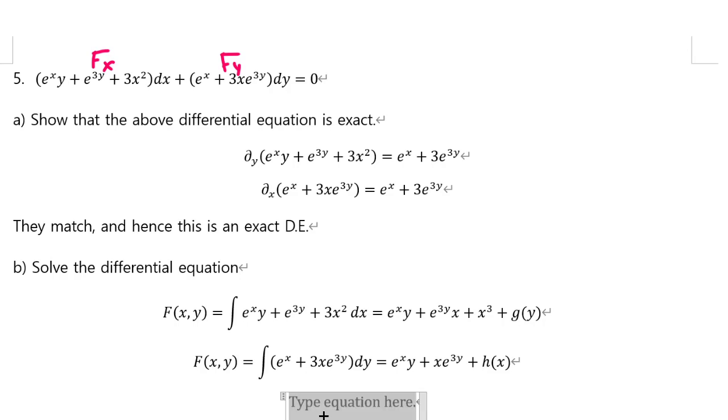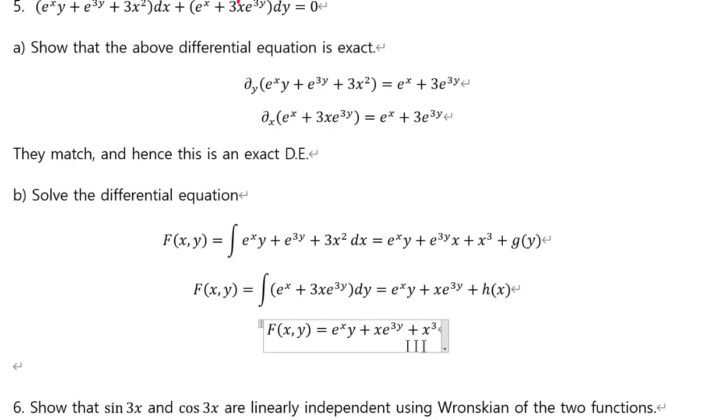And we see that if f of x comma y is this thing, and if h(x) is this x cubed, and g of y is 0, then everything works out. So I can kind of see that g of y being 0 and h of x being x cubed makes everything work, and this should be the final answer.